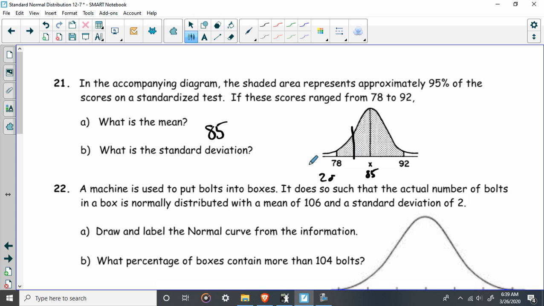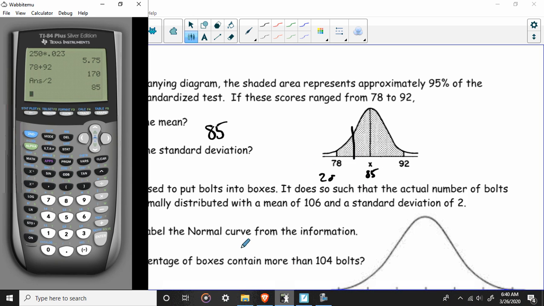Well, same thing. What's halfway between 85 and 78? 85 plus 78 divided by 2 is going to be 81.5.